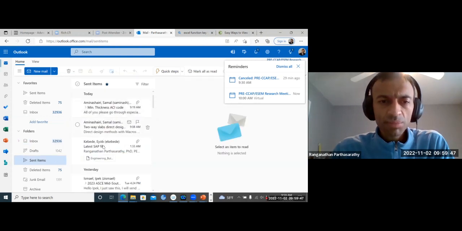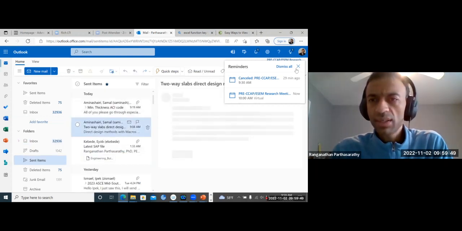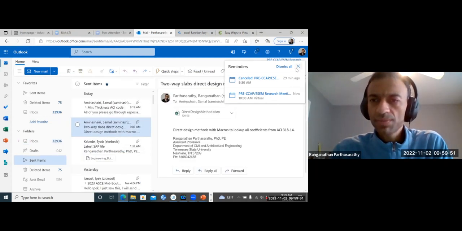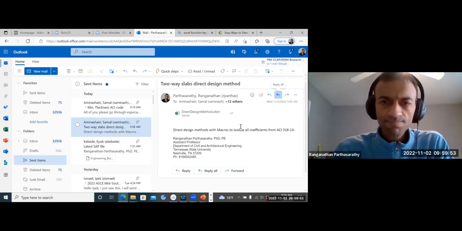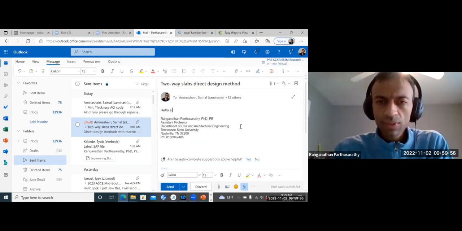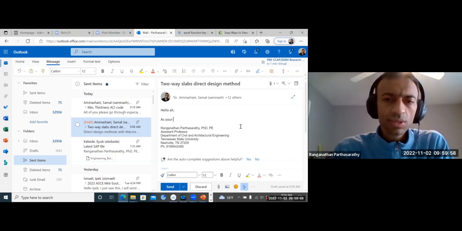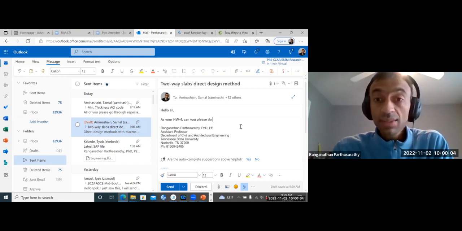Let me reply with the direct design Excel sheet. I think this is assignment 4. Can we please do the design for the interior panel?